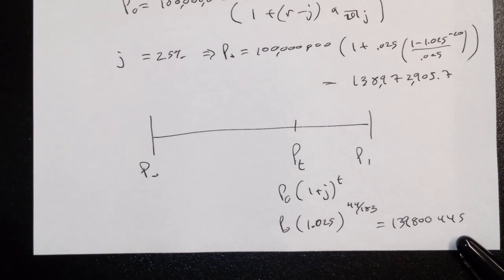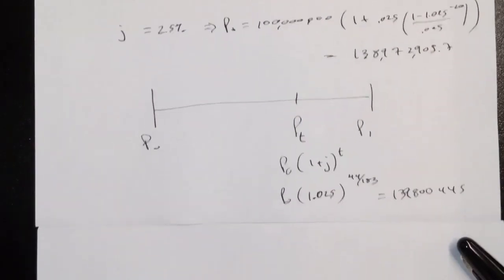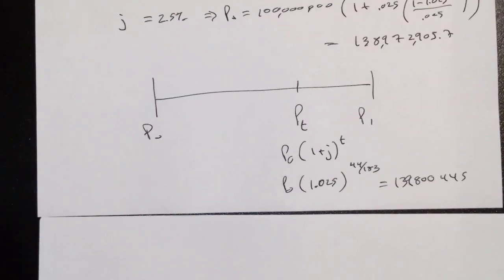Now, what happens if I change this? Change the method. What if I go to the 30/360?